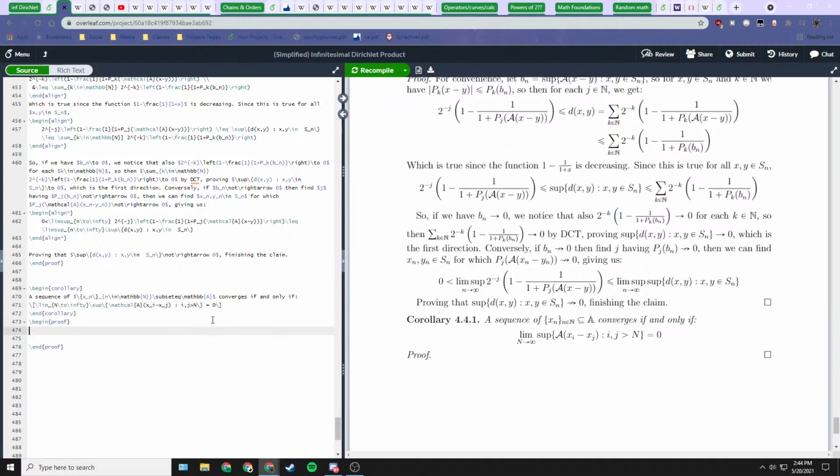So to prove that, recall that our pair A with D is a complete metric space. So x_n converges if and only if it's a Cauchy sequence, because we have a complete metric space.